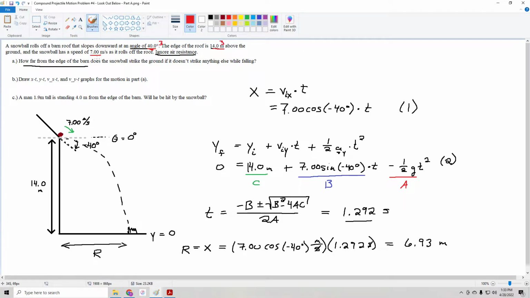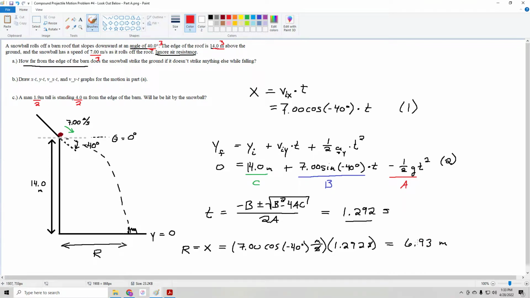The speed has 3 as well. However, if we go down to part C, we are given some more information that only has 2. How tall this person is and how far they're standing from the edge of the barn. To be safe, I would just report this to 2 significant figures.